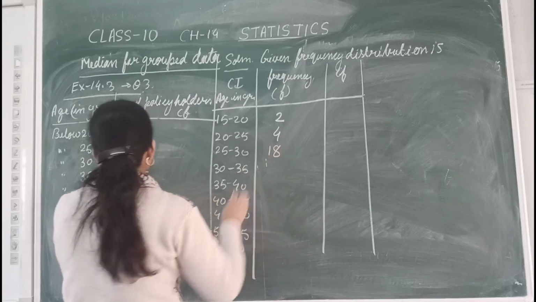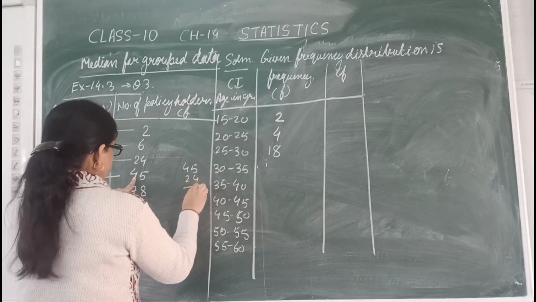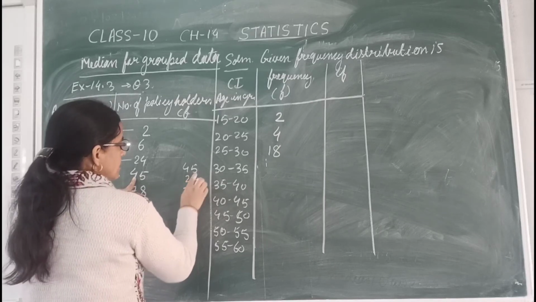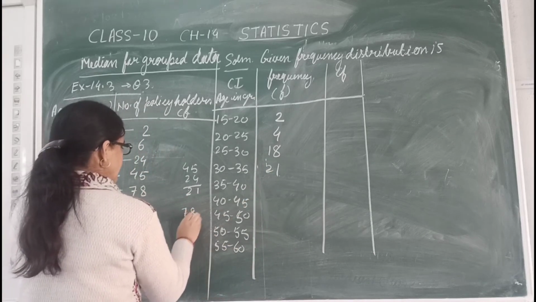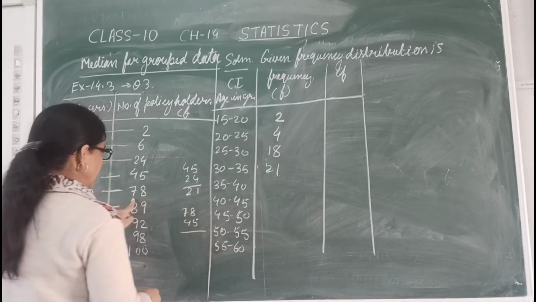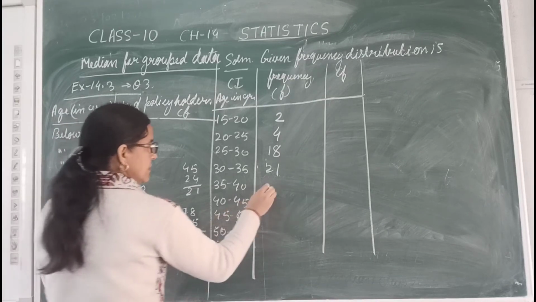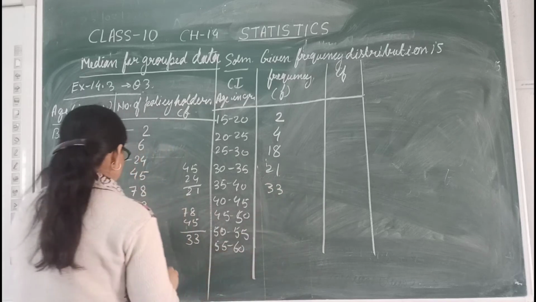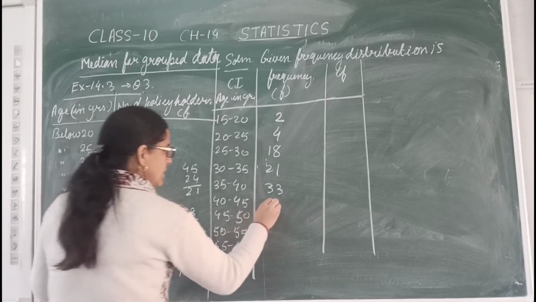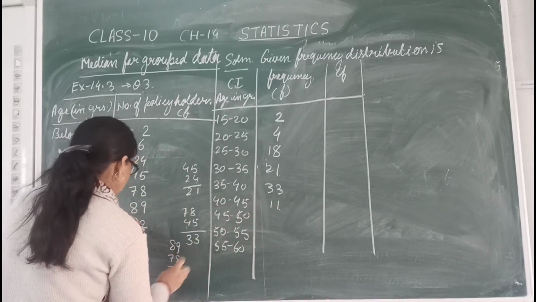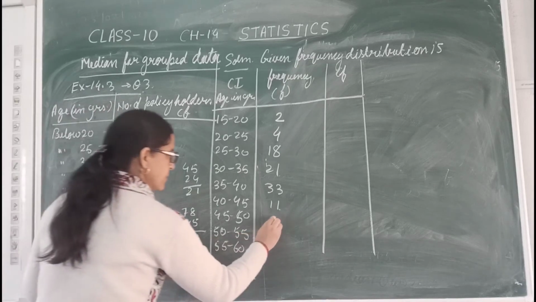18, then 45 minus 24 will be 21, then 78 minus 45 will be 33. Then 89 minus 78 will be 11. Then 92 minus 89 is 3.